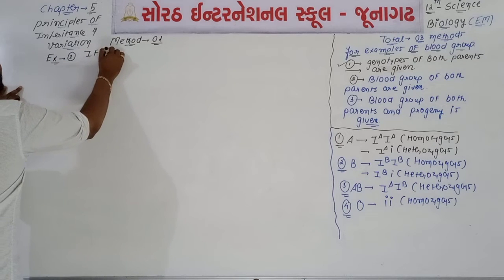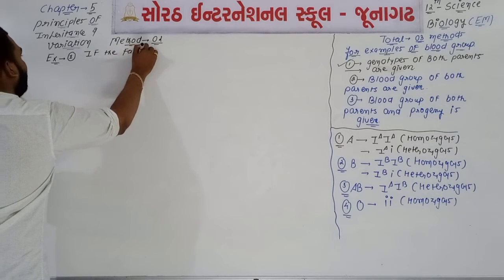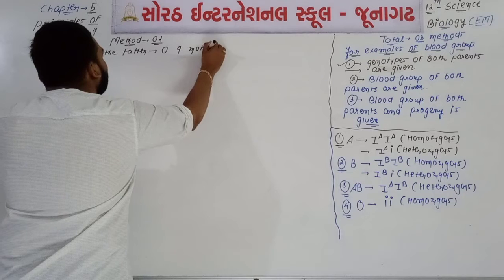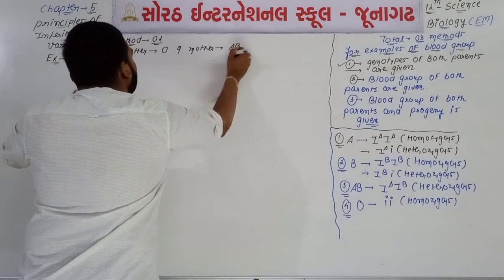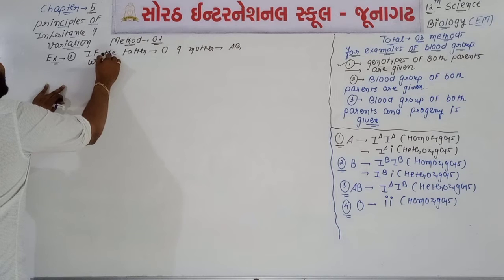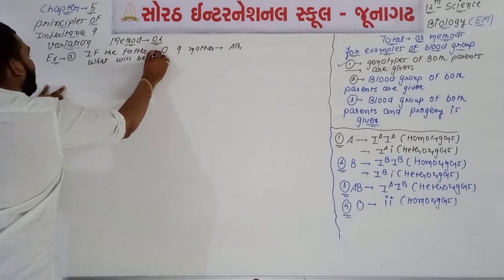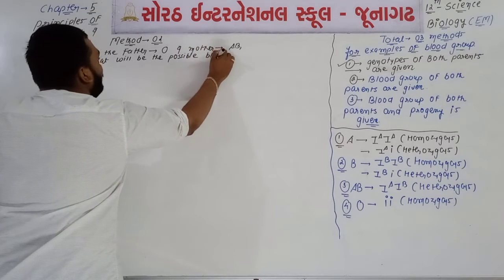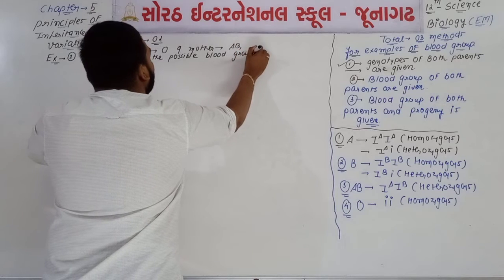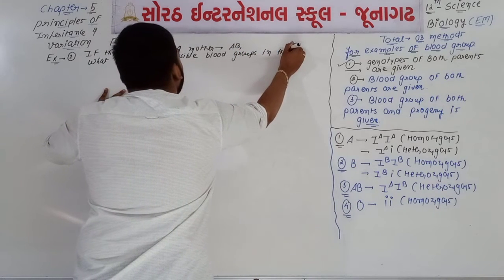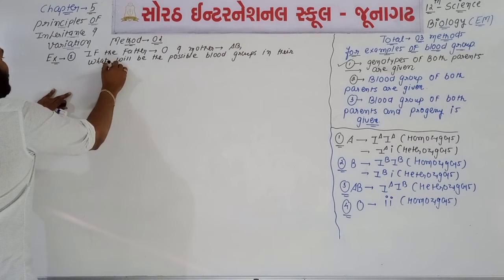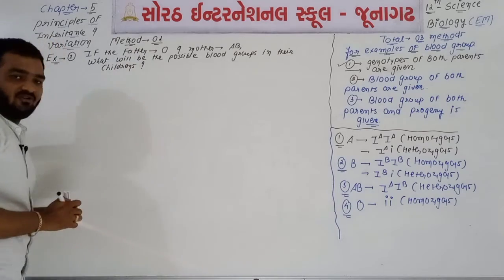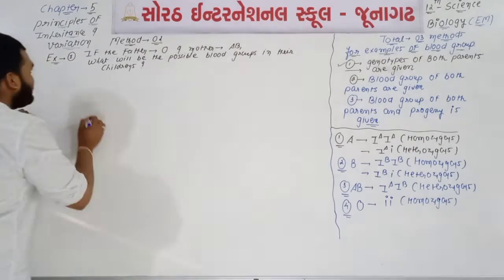If the blood group of the father is O and the blood group of the mother is AB, then what will be the possible blood groups in their progeny, or in their children? See here, we can say the answer.